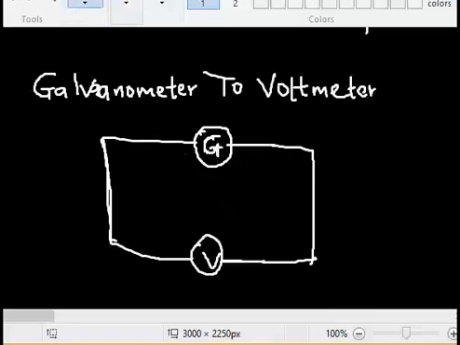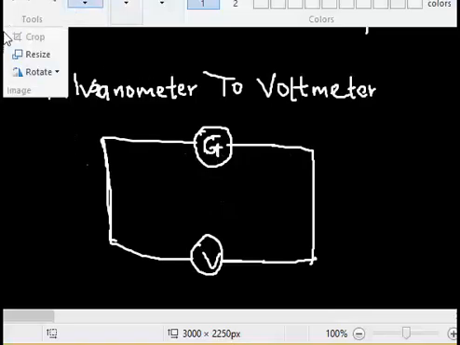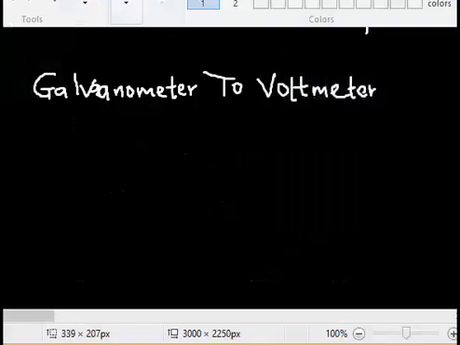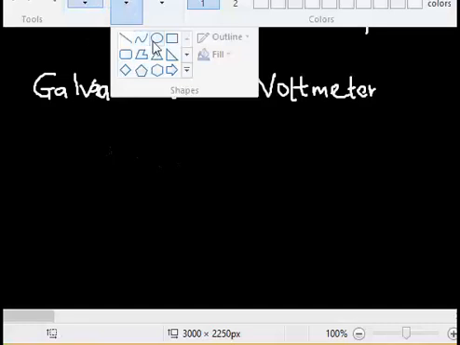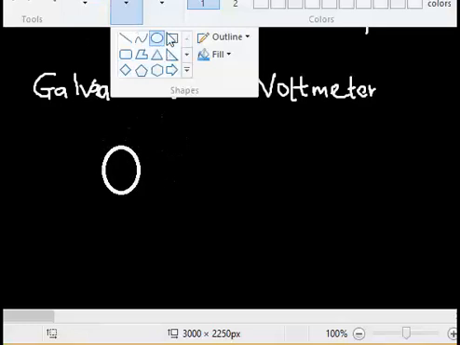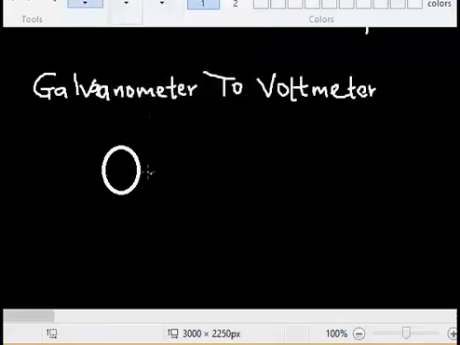So for me to achieve this, I need to divide the voltage. Remember, if I want to divide voltage, I add in series. Let's say this is a galvanometer. To divide the voltage of the voltmeter, I'm going to connect a resistor, but this time in series.